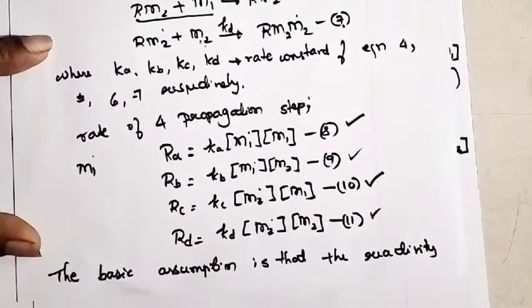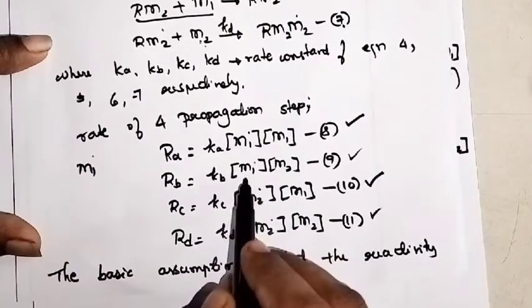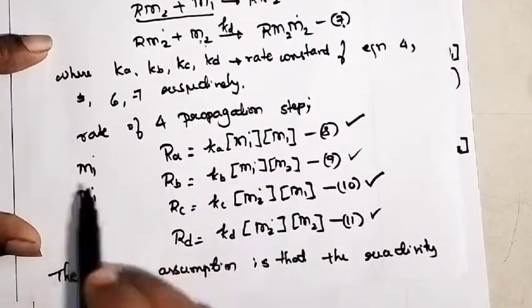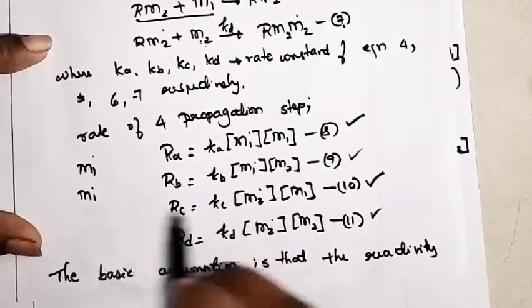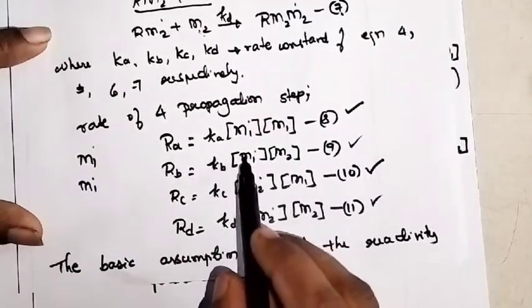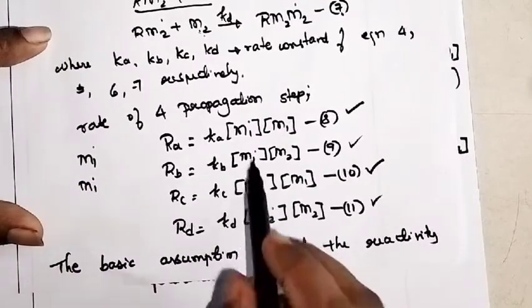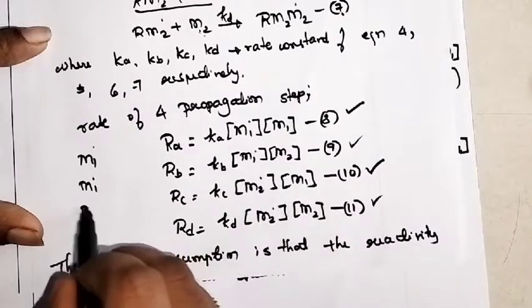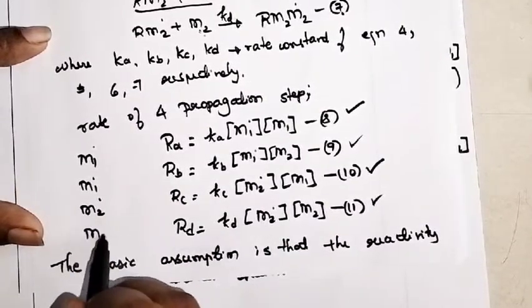M1 free radical is present, correct? Now if you come here, what is the free radical? Once again M1 free radical. It didn't change, right? But once you move down, you will get M2 free radical. So the next equation also contains M2 free radical.